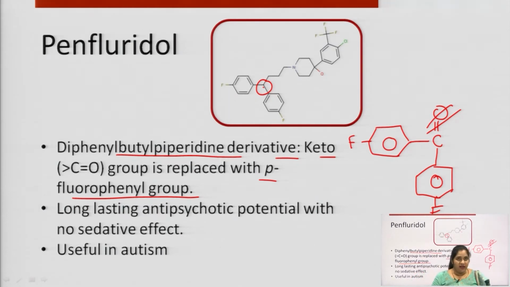So now we have diphenyl, two phenyl rings, and a butyl piperidine derivative.